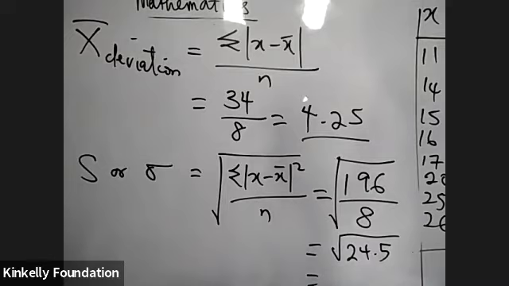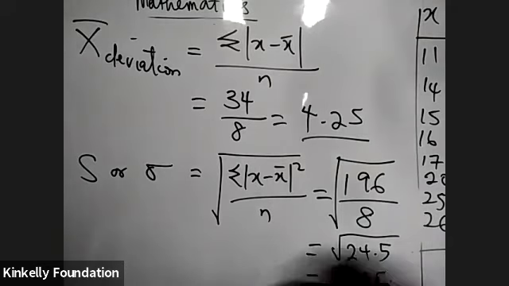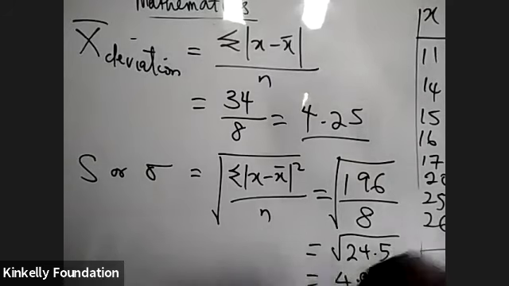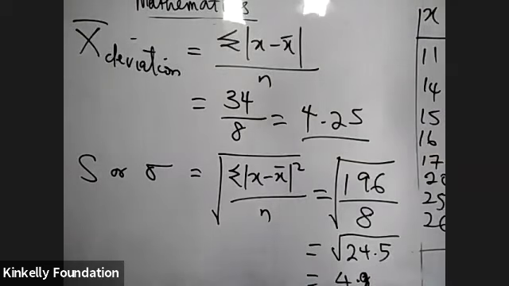When you take the root of 24.5, we have about 4.95. Let's just take it to one decimal place, 5.0. This is now the standard deviation.